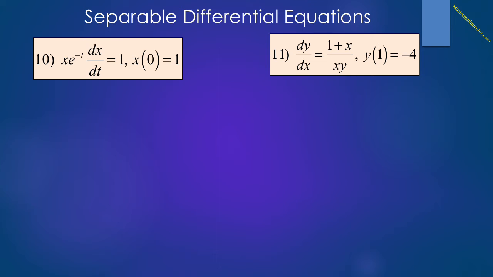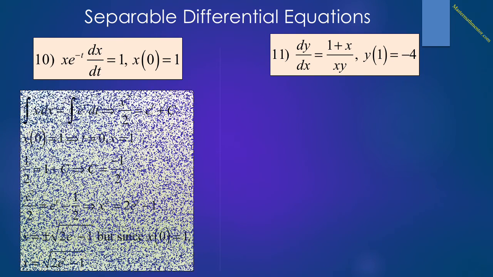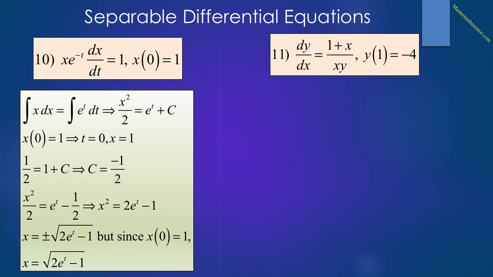From there, we would like to find first the general solution and then the particular solution to the differential equation. In number 10, we are told that x e to the -t dx/dt is equal to 1 and x of 0 is equal to 1.